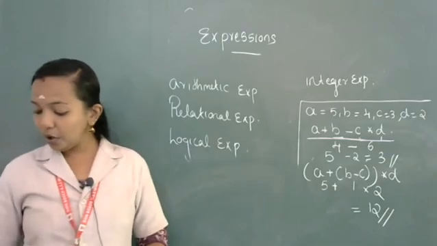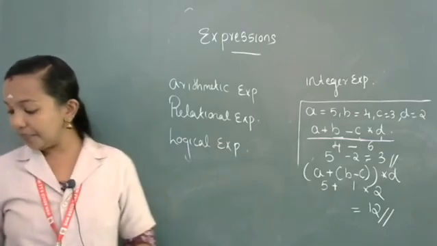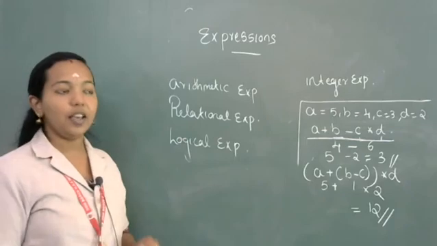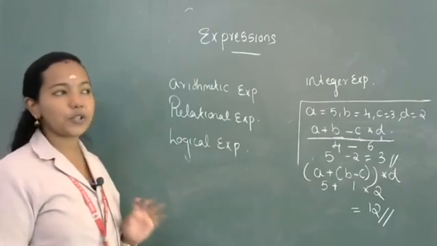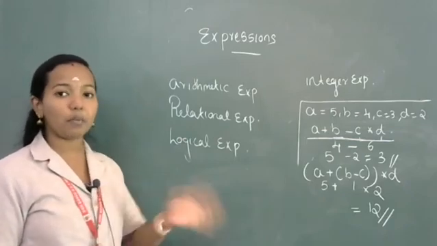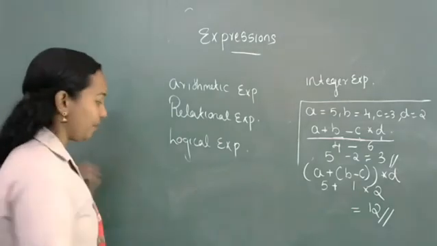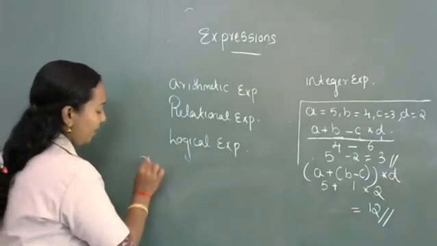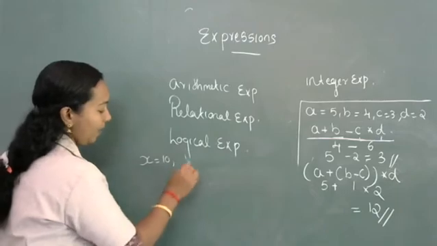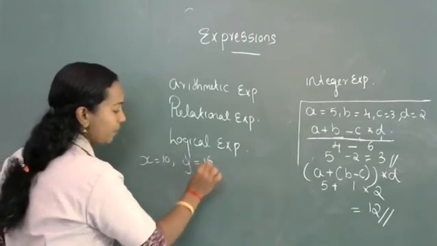Then, one more type is known as logical expression. I already mentioned that logical expression is used to combine one or more relational expressions. So we can write like this, value of x equal to 10, value of y equal to 15.